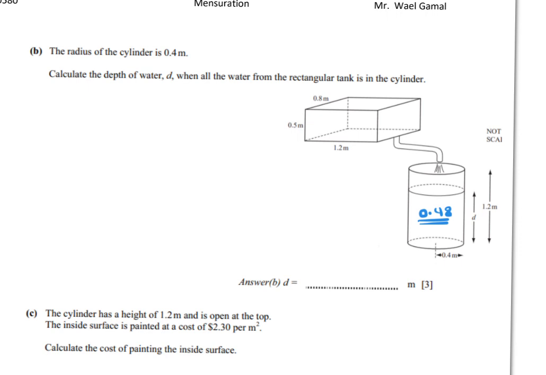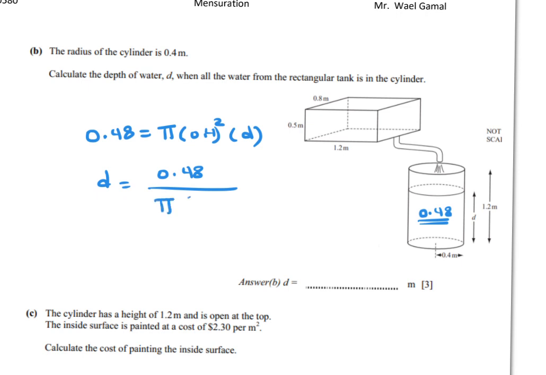But we know that the volume of the water inside the cylinder is π times r square, which is 0.4 square, times the depth. So π r square times height, or the depth. So we can find the depth now. 0.48 divided by π times 0.4 square. The answer is 0.955, to 3 significant figures, meter.